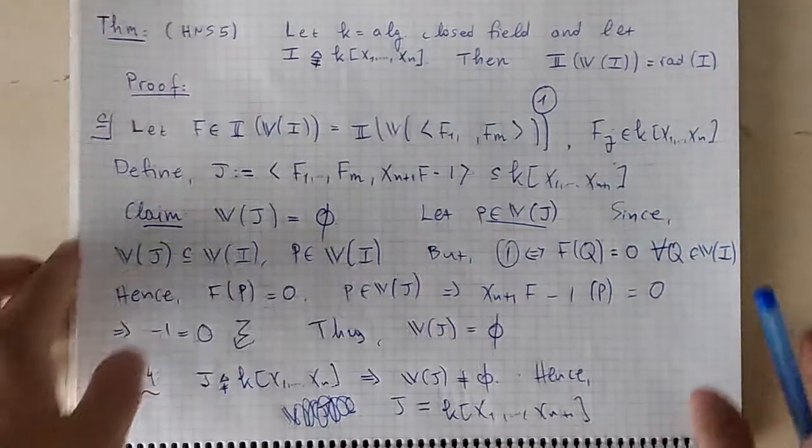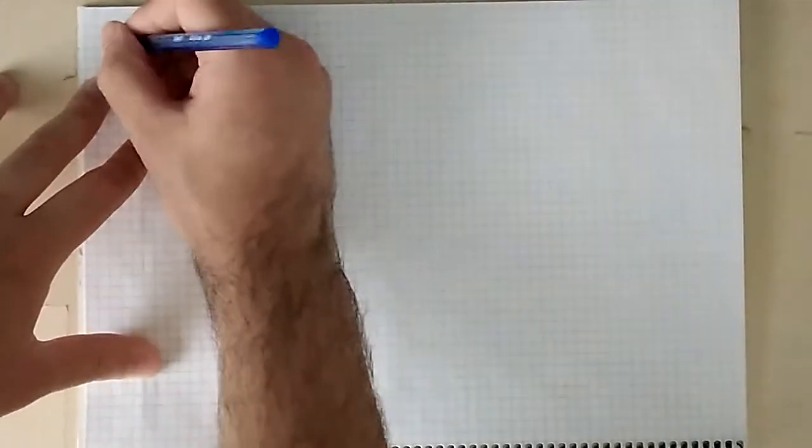Okay, so J has to be equal to the polynomial ring. So in particular, this implies that 1, the constant polynomial 1, has to live in J, right?